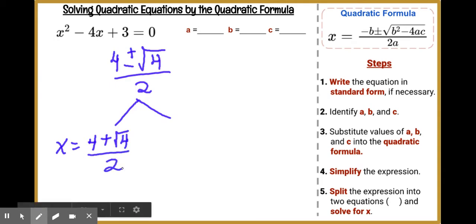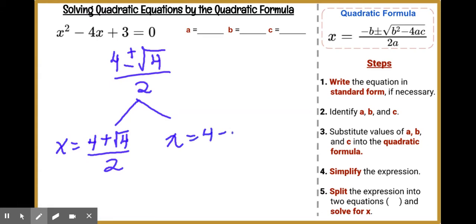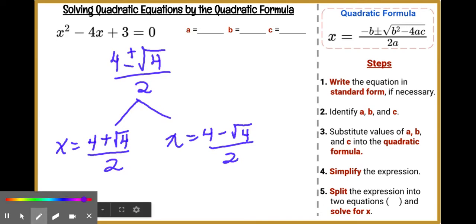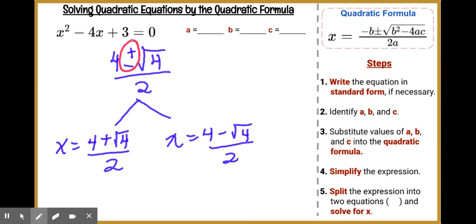And then my second equation will be x equals 4 minus the square root of 4 over 2. So what helped me understand to split this is this little symbol here. I cannot do that symbol at the same time. It's just telling me I have to add, and I also have to subtract.